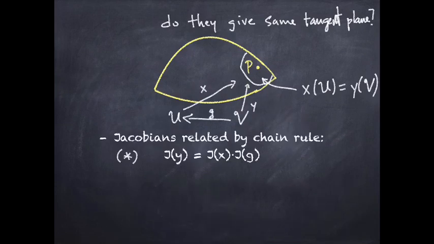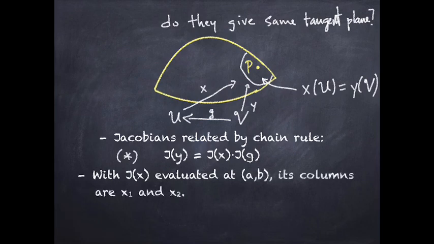So the next step is to notice that J of X, its columns, right, since we've evaluated, those are exactly x1 and x2, the vectors whose span is equal to the tangent plane at P for the chart X. J of g, when we evaluate at its point, its columns are just vectors that have 2 coordinates.